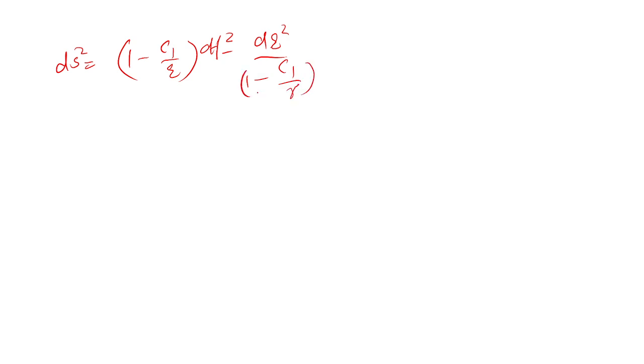So what will the Schwarzschild equation look like? It will be ds square is equal to 1 minus c1 over r dt square minus dr square over 1 minus c1 over r minus r square. Let me write it down.